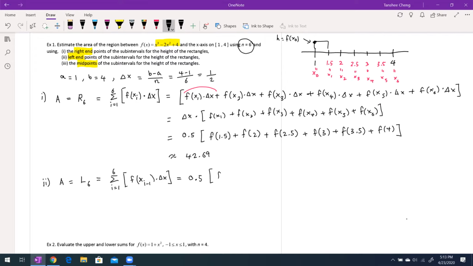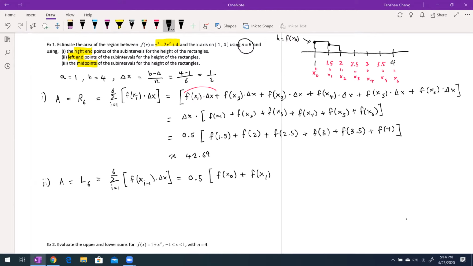This time we are talking about the left endpoint, so the height of the first rectangle will be f of x sub 0. And for the second rectangle, since we are using the left endpoint, the height will be evaluated at x sub 1.